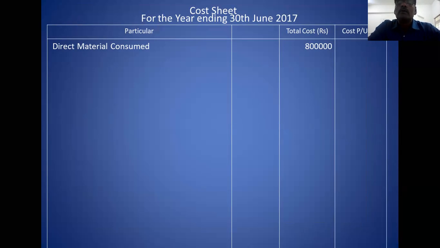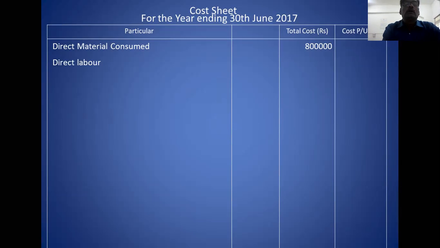Therefore, I am unable to calculate here. Unit produced is not given in the problem, so I will not calculate the cost per unit.